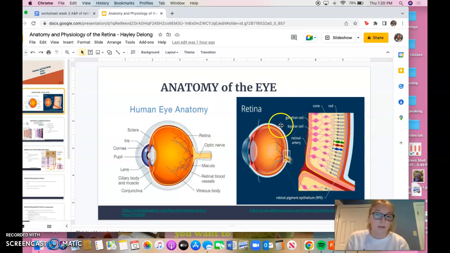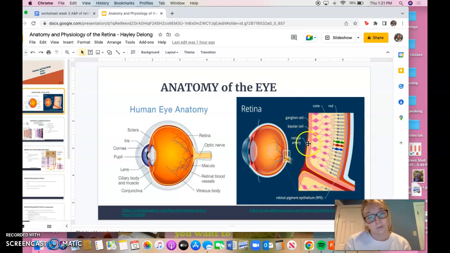And then the second picture here on the right side is going to be a more in-depth layer. This little square box shows, on the further right side, the more in-depth version of it. In further slides, I'll go into this a little bit more, but this is a generalized photo of what the retinal layers look like.